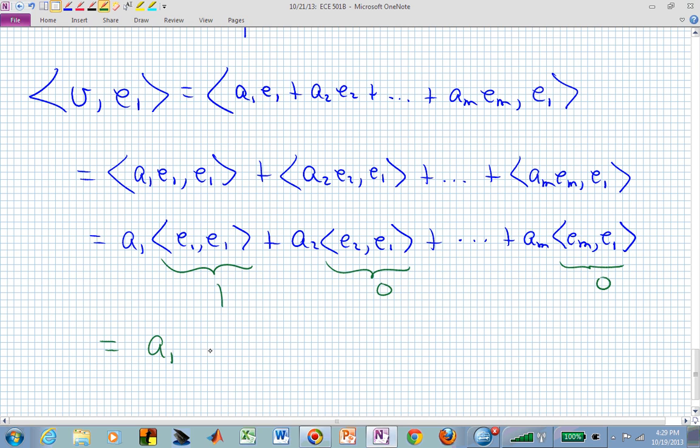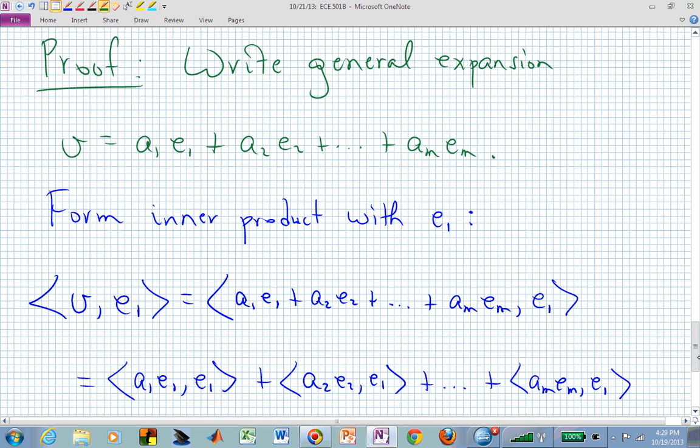Consequently, we have a1 plus 0 plus all the way up to another 0. The inner product of any vector v with e1 is simply going to give us this coefficient a sub 1, if we've rewritten v as a linear combination of these orthonormal vectors e1 through e sub m.